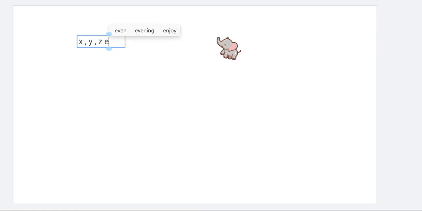Now all of you, if you have learned pre-algebra, the basics of algebra, you know that we can write a variable as x, y, z, etc. So these are all variables, right?